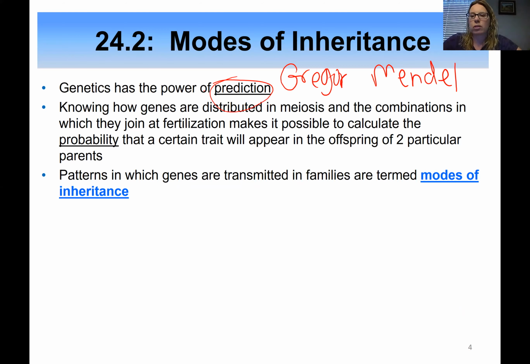You can do certain crosses, and you can do some math and figure out the probability of parents with specific traits, the probability of what trait their offspring may have. So there are patterns of inheritance, and that's one of the major things that Mendel studied. And these patterns in which genes are transmitted in human families are called modes of inheritance.